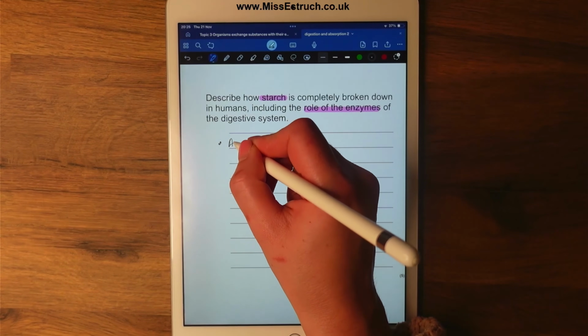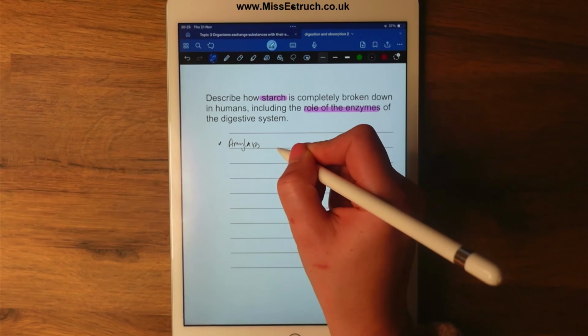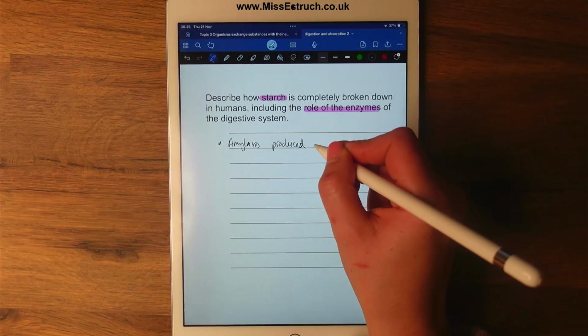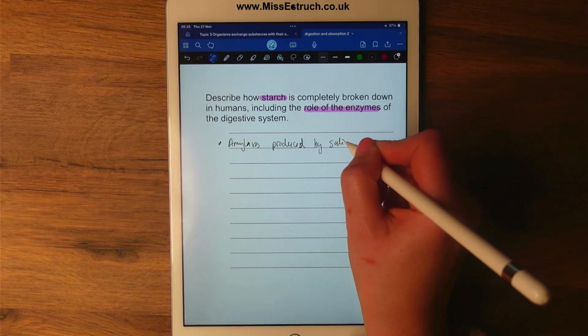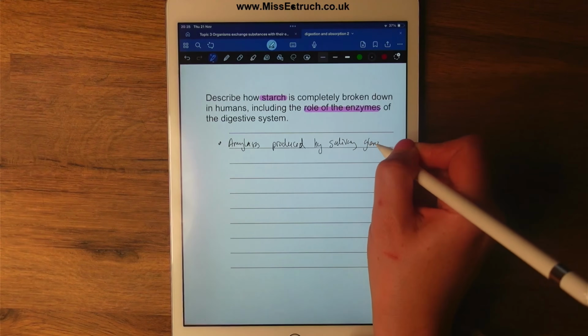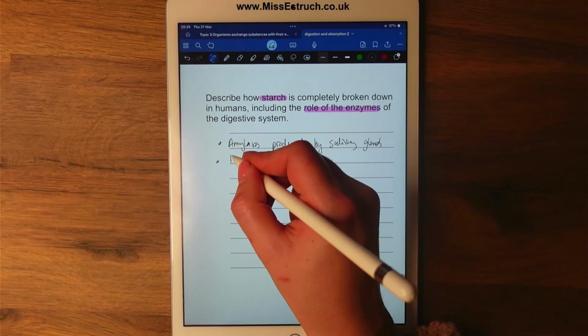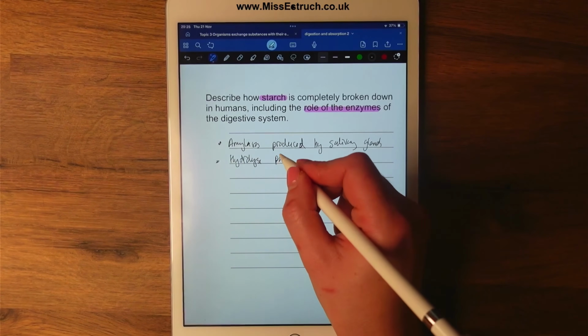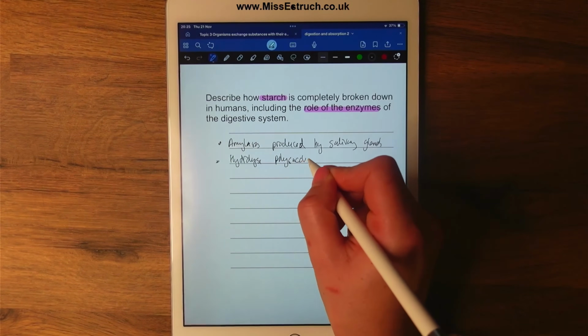So I'm going to say amylases produced by salivary glands hydrolyze polysaccharides.